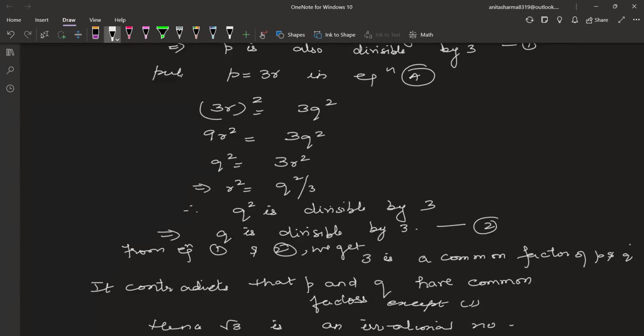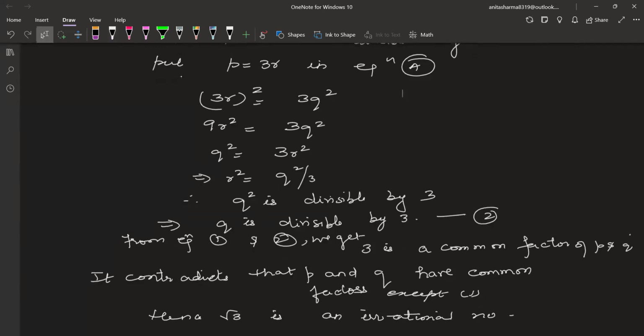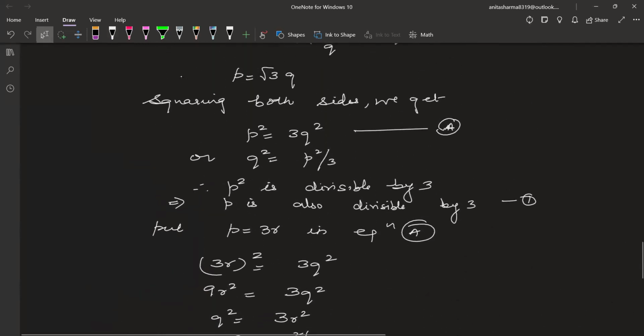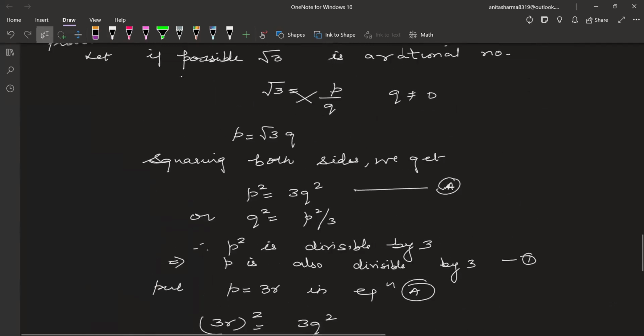Understood, children? What do you have to write? These statements you need to write. First of all, you have to suppose that root 3 is a rational number. So it can be written in the form of P by Q, where Q is not equal to 0. Then cross multiply, children.